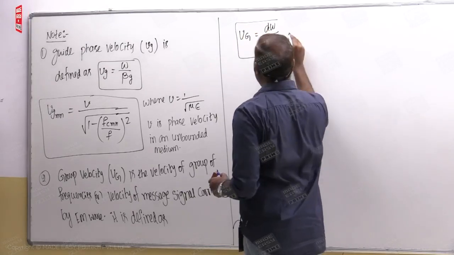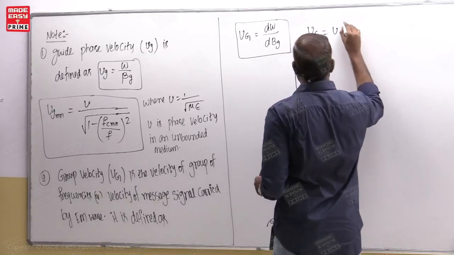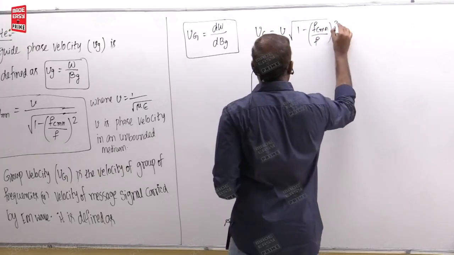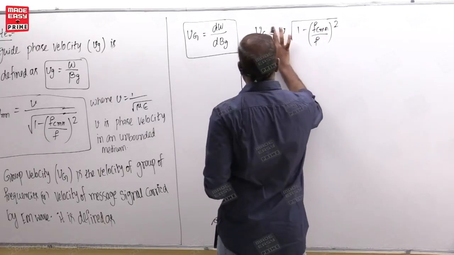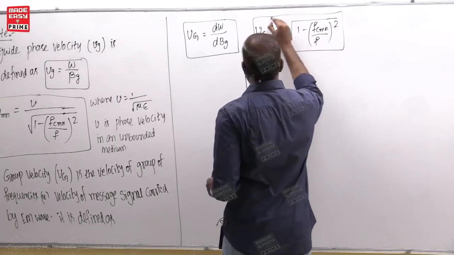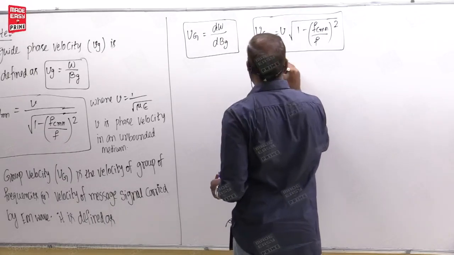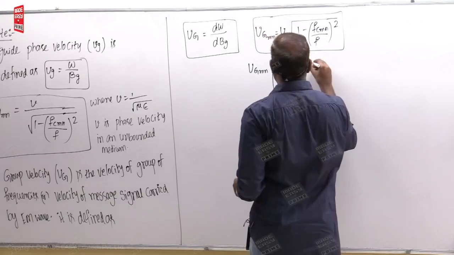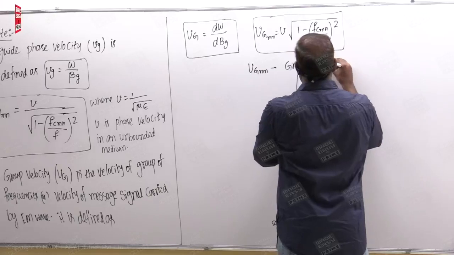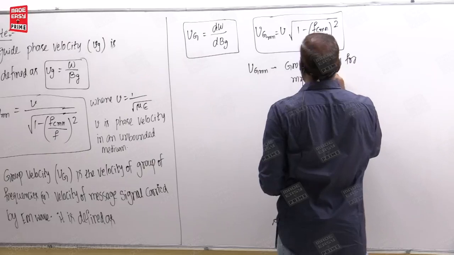This is the definition. And after doing mathematics, you get V root of 1 minus (fc mn by f) whole square. This gives the group velocity for mn mode. Okay. So V capital G mn is group velocity for mn mode.